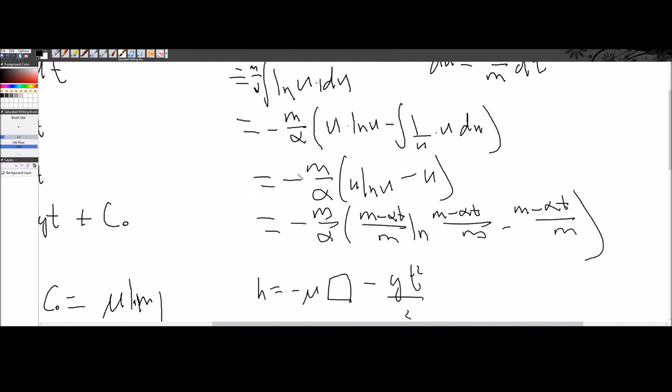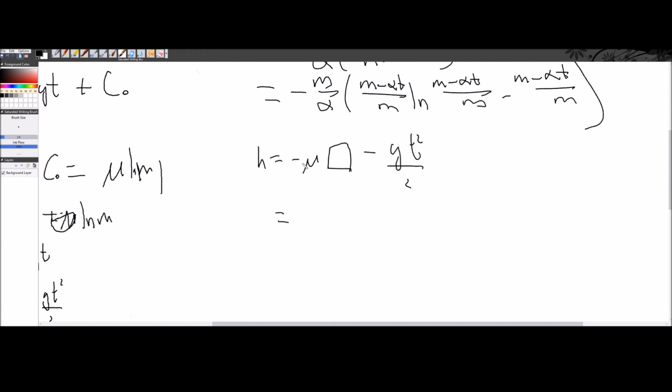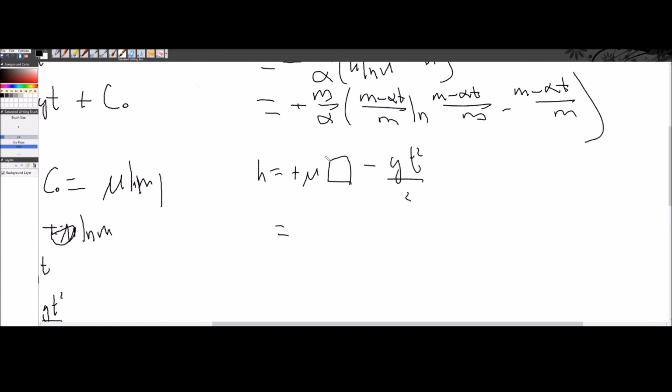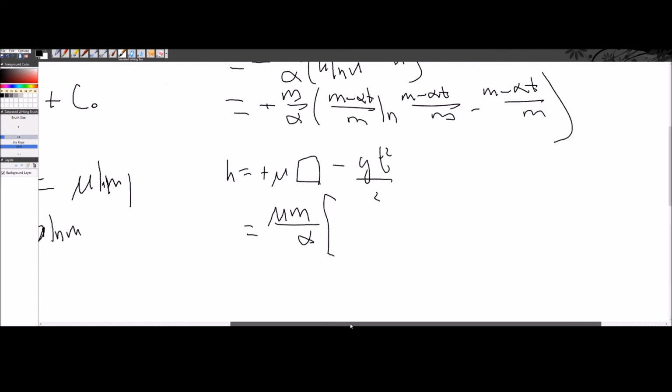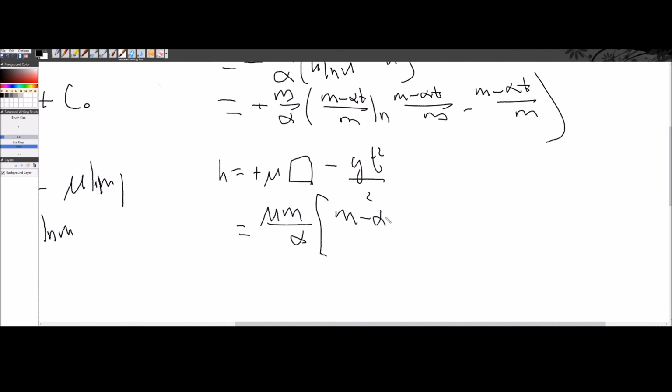This thing is the square, so just plug that in. With negative u, the negative signs cancel out. You get mu m over alpha. Your integral, in this case, is going to be ((m minus alpha t) over m) ln ((m minus alpha t) over m) minus ((m minus alpha t) over m). All right, get the idea.